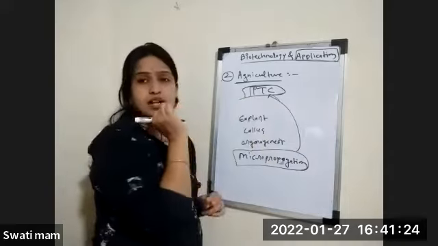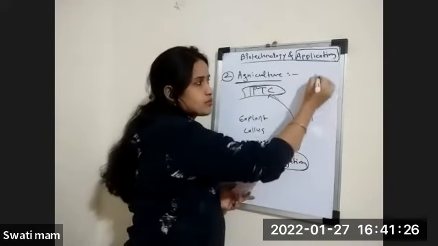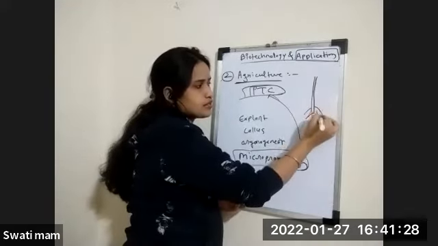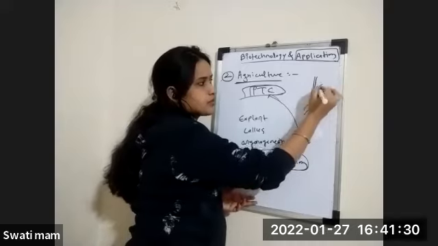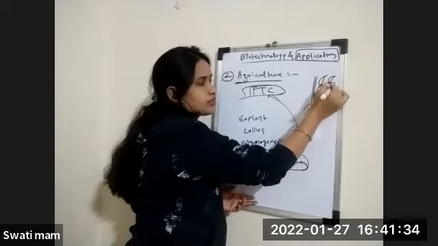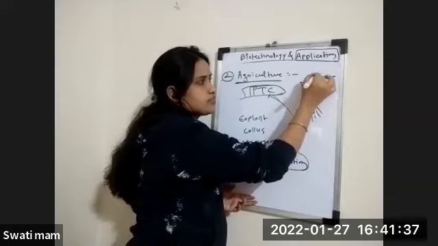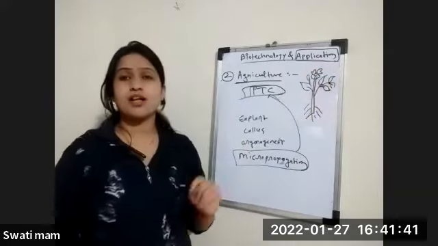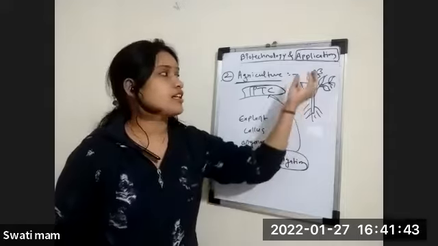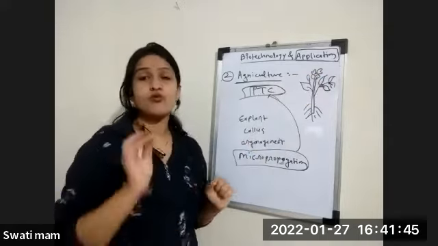What happens in this plant tissue culture? For example, suppose this is a plant, this is root, this is stem, this is leaf, and this is flower. So what happens in plant tissue culture? We are taking a part of the plant. Now, which part?